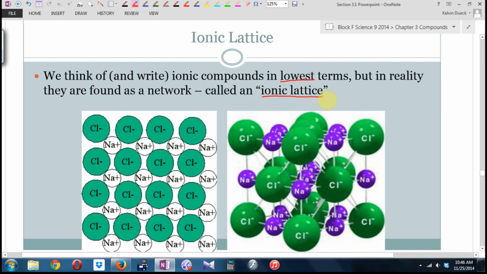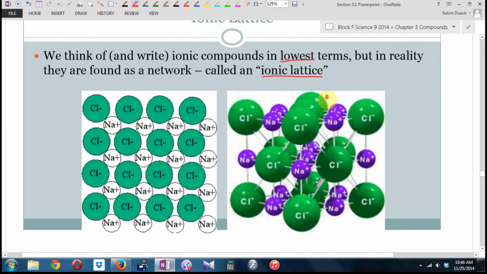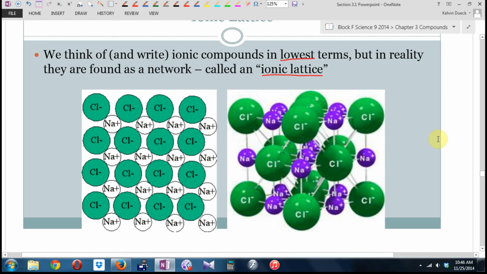Really, three-dimensionally, that's more what it looks like if you were to zoom in. You'd see chlorines and sodiums all interspersed in a very, very regular pattern, often a crystal pattern, forming a crystal. Because it's three-dimensional in real life. Okay? Put your pencils down.